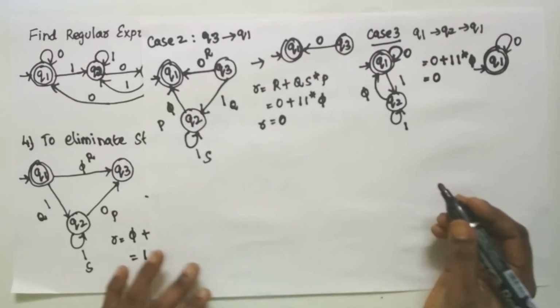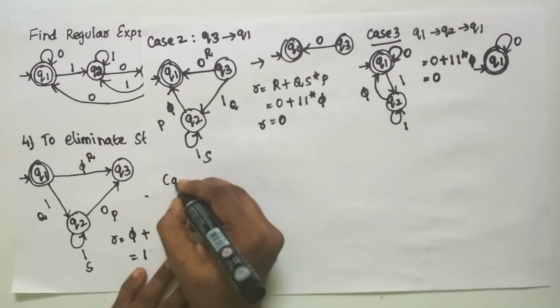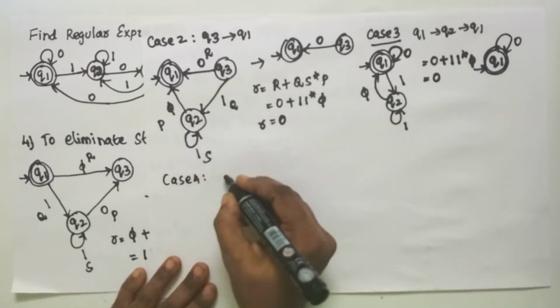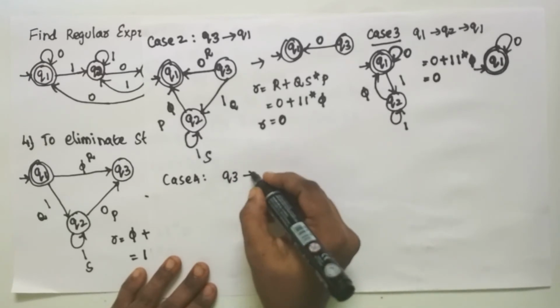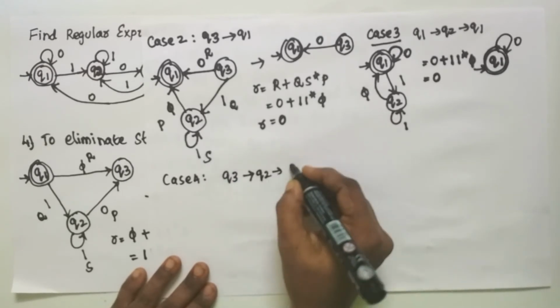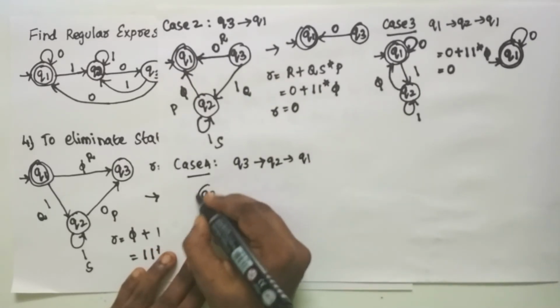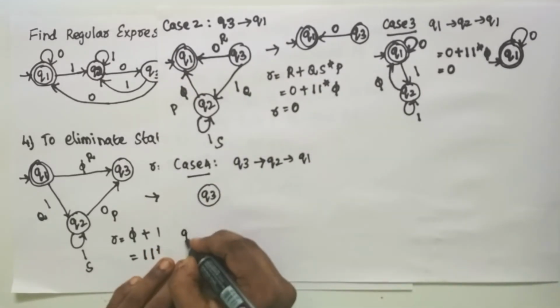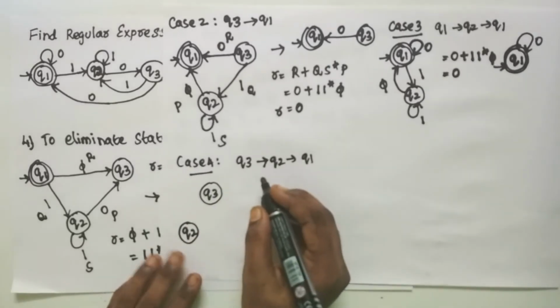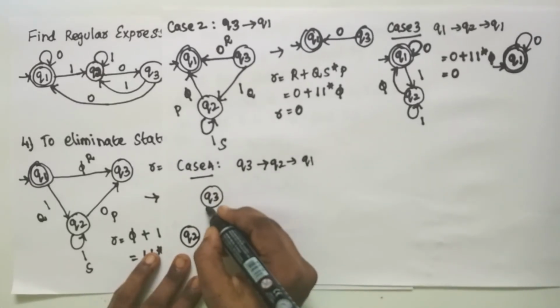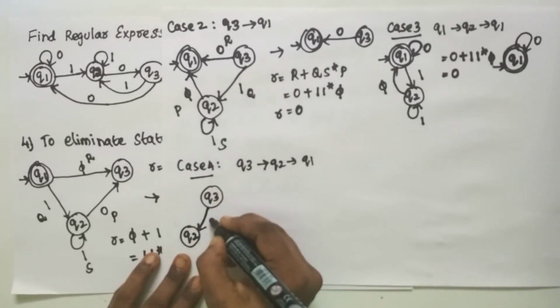Now you are going to apply the case number 4. Your case number 4 is you are going to have Q3, Q2 and Q1. So here the Q3 is Q3 and you have Q2. So from Q3 to Q2 you have 1.